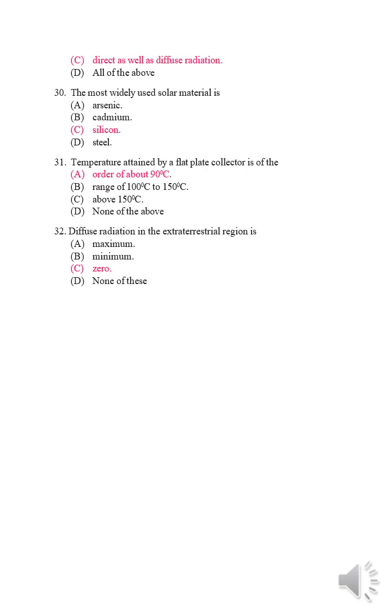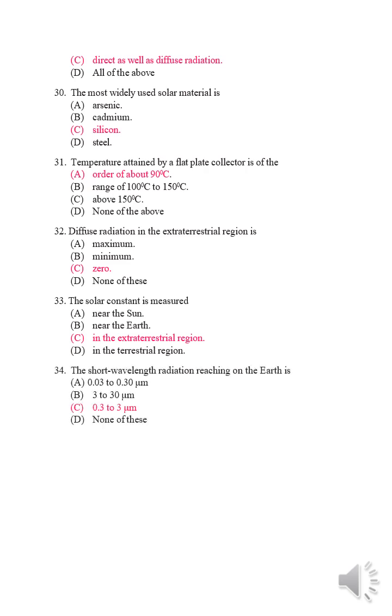The diffuse radiation in the extraterrestrial region is 0. The solar constant is measured in the extraterrestrial region. The shorter wavelength radiation reaching the Earth's surface is 0.3 to 3 micrometer.